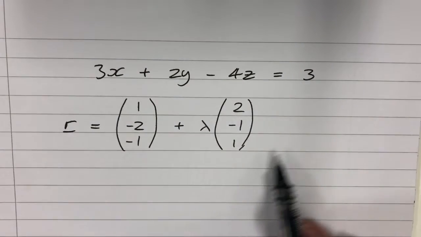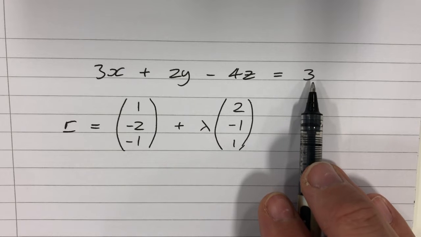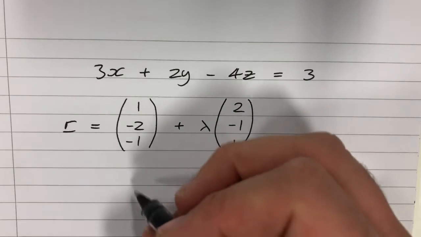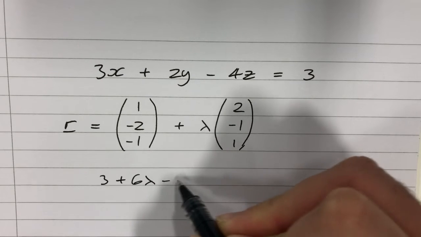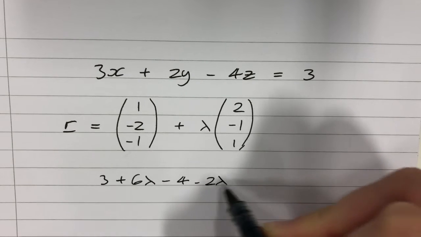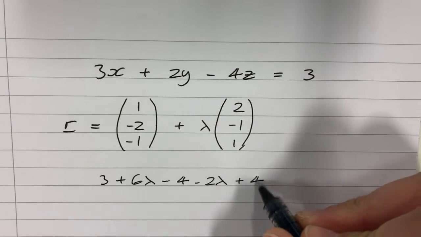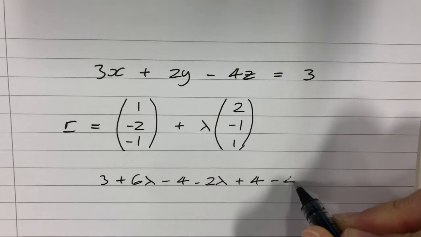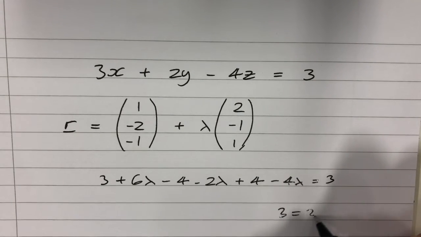So this is exactly the same line, almost the same plane, except now it equals 3 rather than 10. So when we go through the algebra, 3 plus 6 lambda, minus 4 minus 2 lambda, plus 4 minus 4 lambda equals 3, we end up with the equation 3 equals 3.